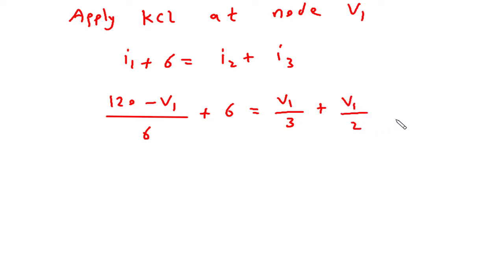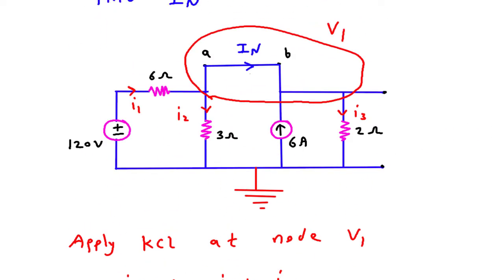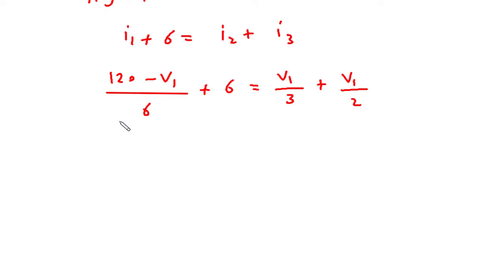Now this will be 120 minus V1 by 6 plus 6, minus V1 by 3 minus V1 by 2 is equal to 0.